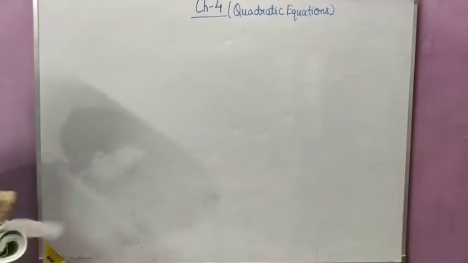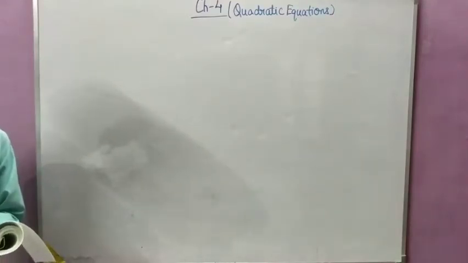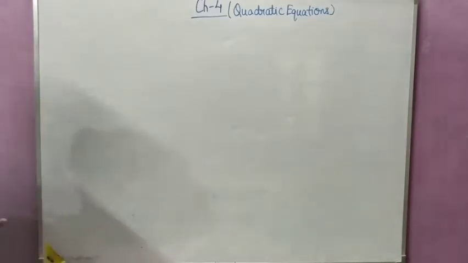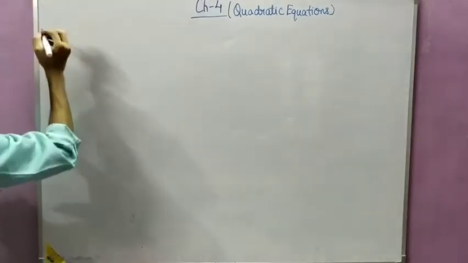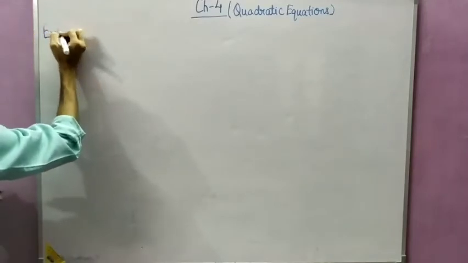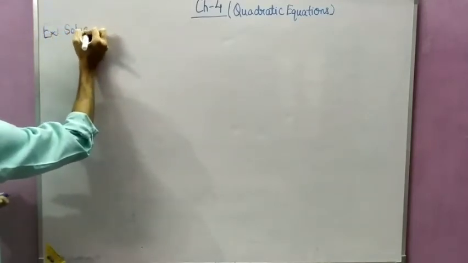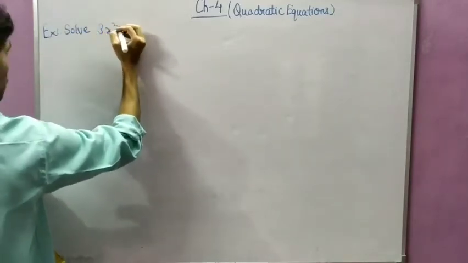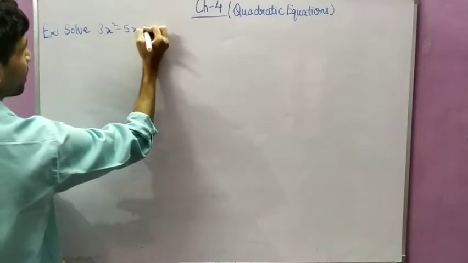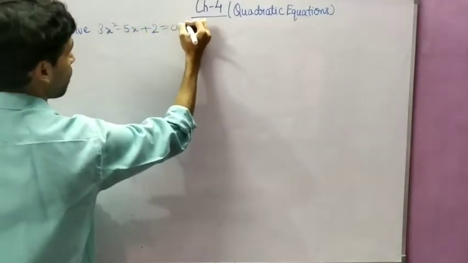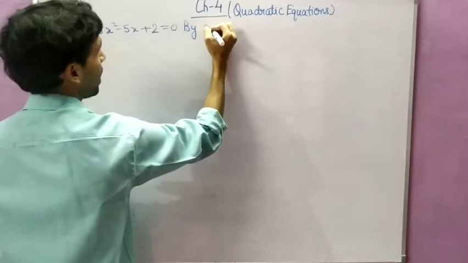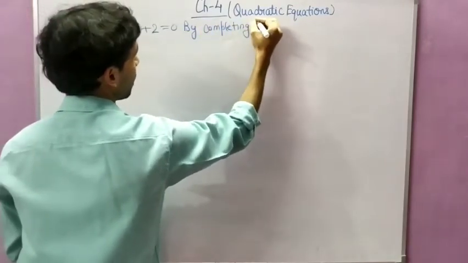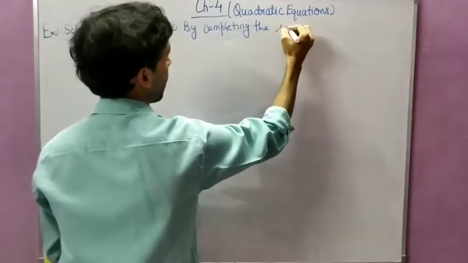One question from the exercise I can tell you. Suppose example 1. Solve 3x square minus 5x plus 2 equal to 0 by completing the square method.